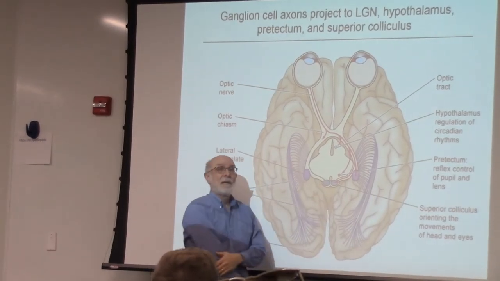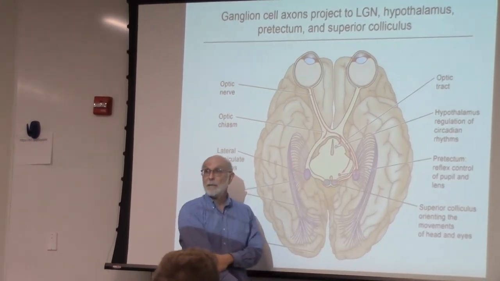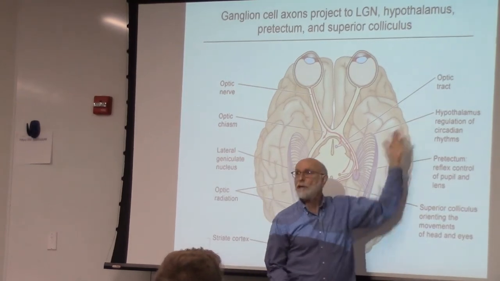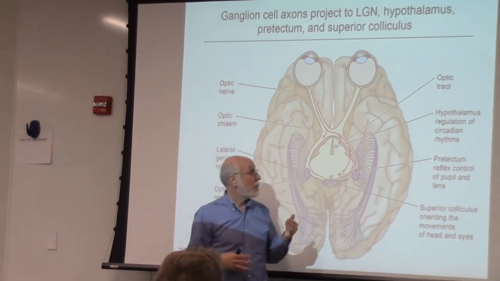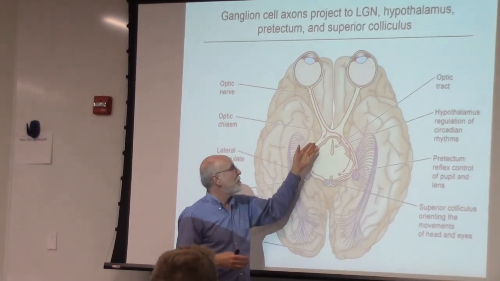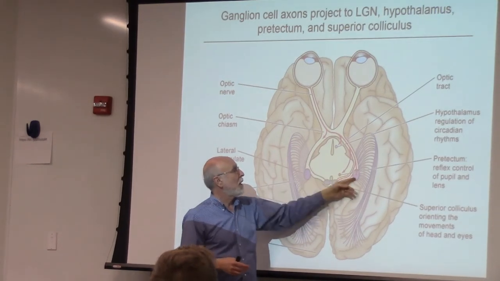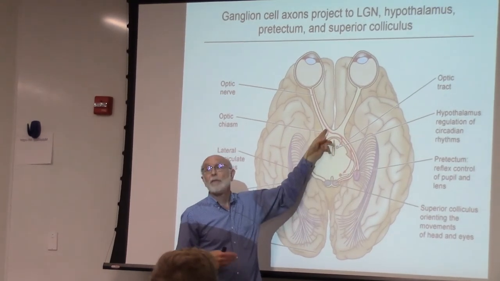Vision is done in the visual cortex, and other things are done in other parts of the brain. But almost all the information gets to these other parts of the brain from the retinal ganglion cells.